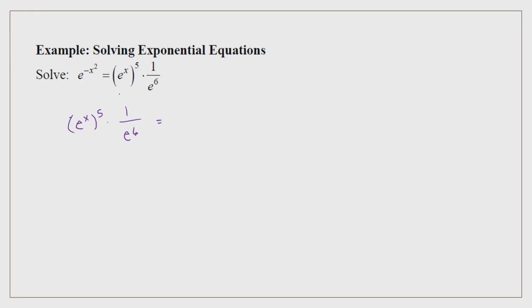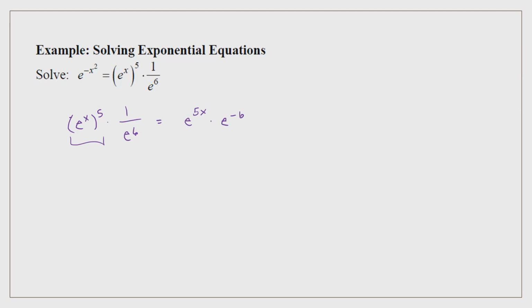So in our first factor here, we have a power raised to another power, which we know by the law of exponents, we can just multiply together. So that's going to be the same thing as e to the power 5x. Now 1 over e to the 6 is a ratio, and the specific law of exponents that gives me a ratio is negative exponents. So that's going to be equivalent to e to the negative 6.